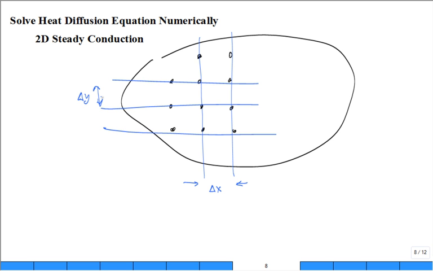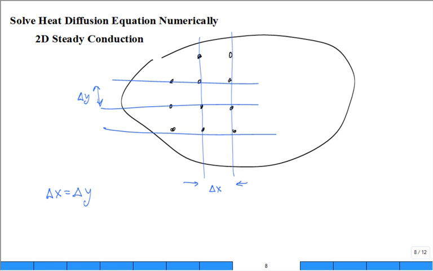You could do that in the computer code. But for introductory purposes, keep the mesh spacing constant throughout. And often, the mesh spacing in x is equal to the mesh spacing in y, but it doesn't have to be. For introductory purposes, it's easy if it's just a nice square grid.